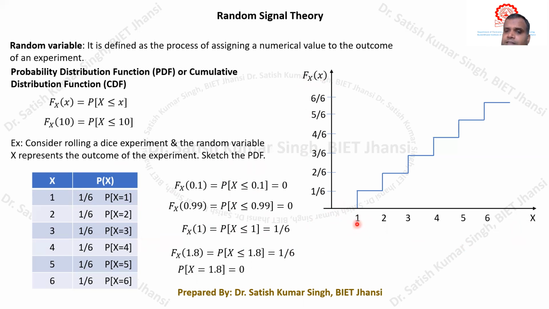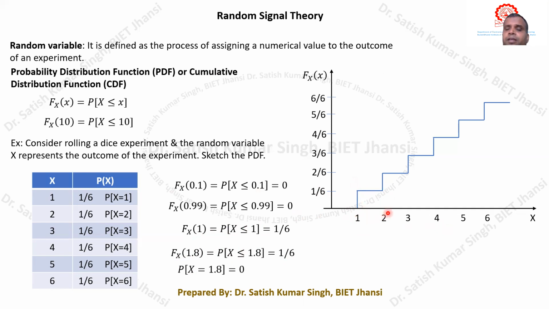Once x becomes 1, at that point the probability becomes 1 by 6. So the probability that x equals 1 is 1 by 6. And now this probability will remain the same until we get x equals 2. As we can see, F(1) is 1 by 6, and for F(1.8) it is again 1 by 6.